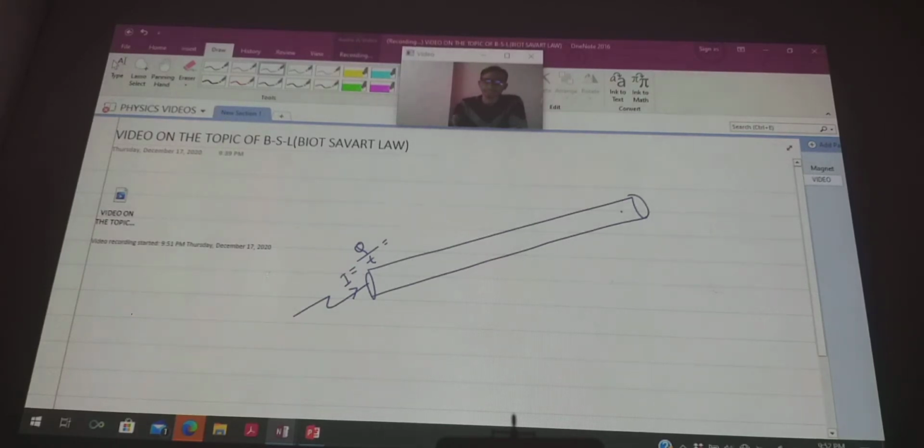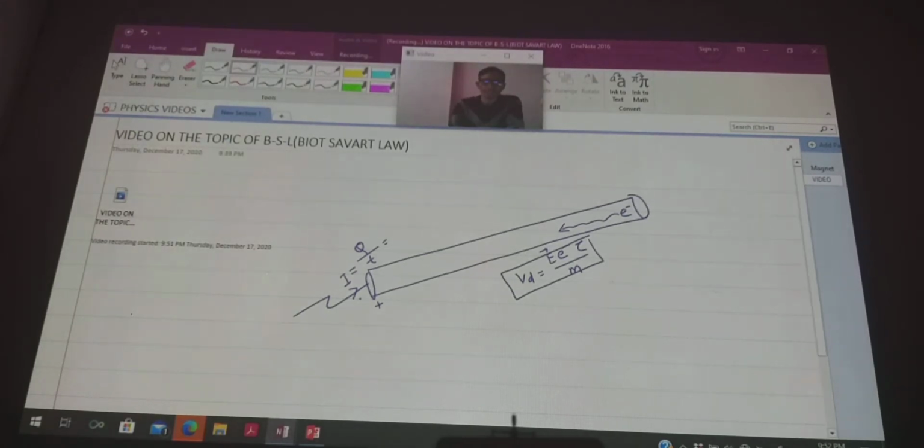Here the free electron or valence electron of the conductor is drifting toward the higher potential with the drift velocity, that is eEτ upon the mass of the electron. This is the drift velocity of the electron.